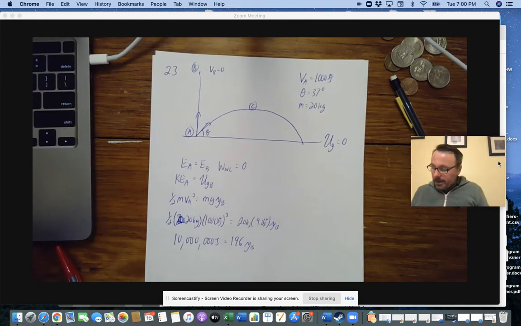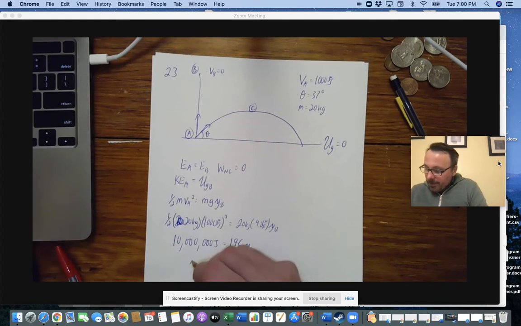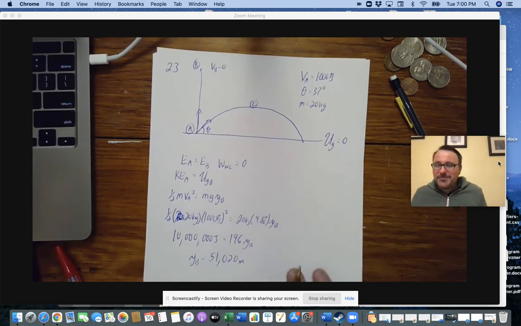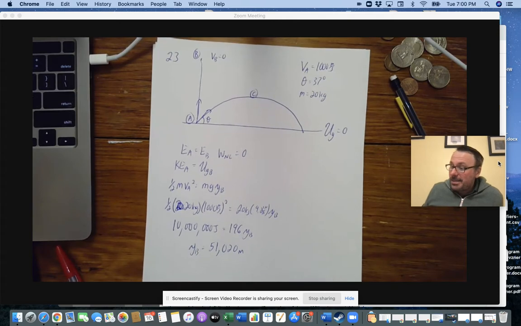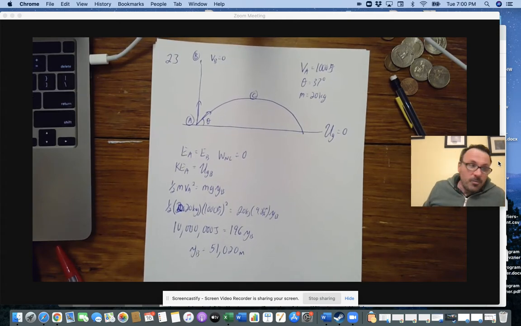And so I can then divide that through by that. And I can find the fairly large 51,002 and then there's decimals, but meters, right? 51 kilometers up into the sky. That is really significant. But then again, we're firing this thing at Mach 3 upwards, which is absurd.